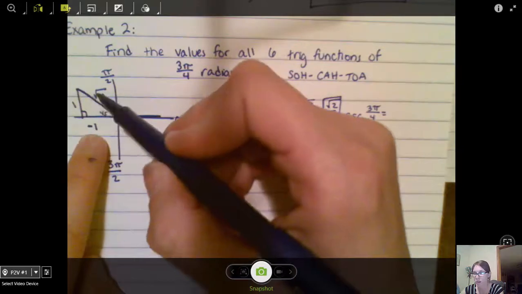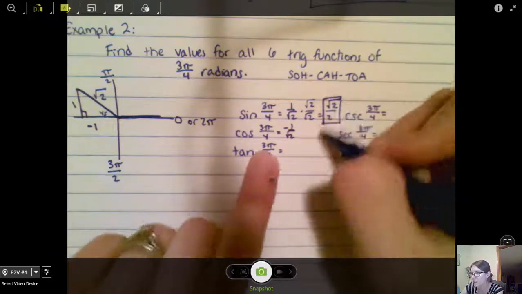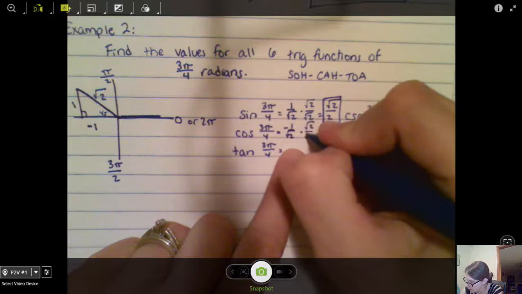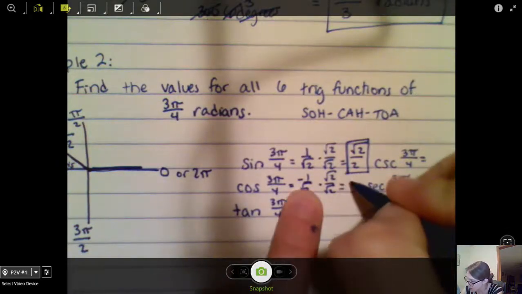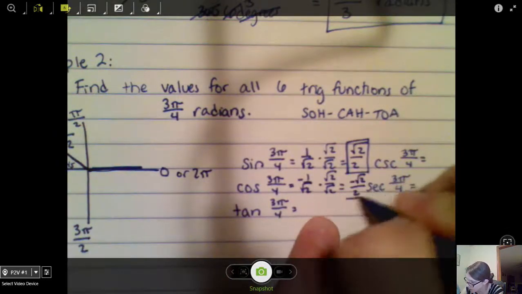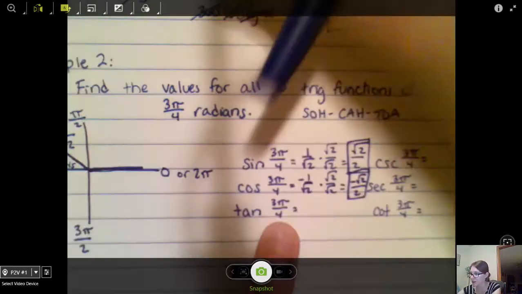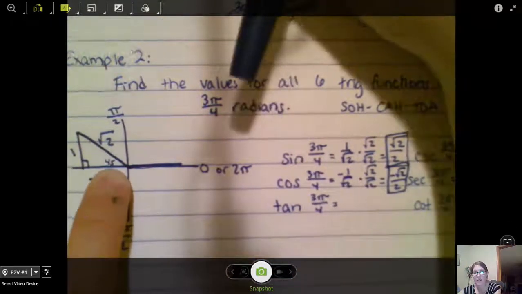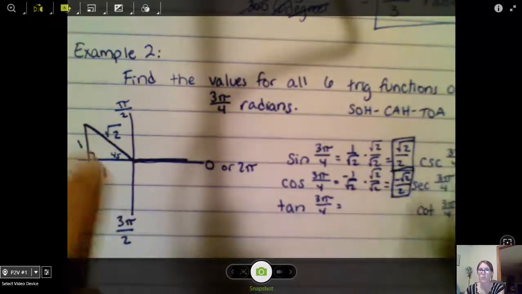Adjacent is -1 over the hypotenuse. -1 over the square root of 2. We'll have the same thing up here except a negative. Multiply by square root of 2 over square root of 2. And it's negative square root of 2 over 2 for our cosine. Tangent's a little bit easier. Tangent's opposite over adjacent. So looking at my angle here, opposite is 1 over the adjacent is -1. 1 over -1.